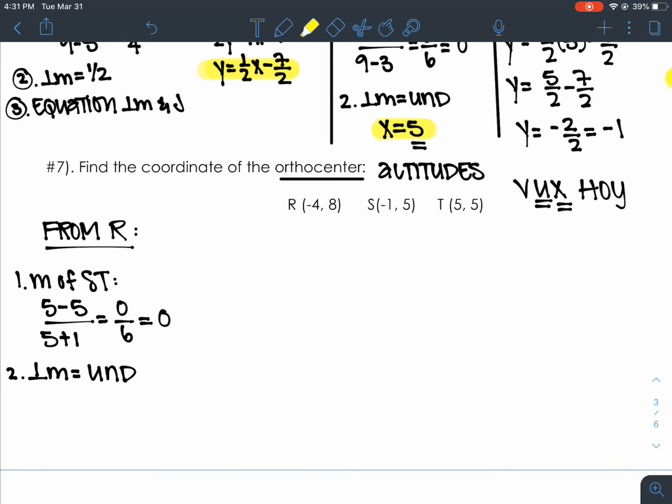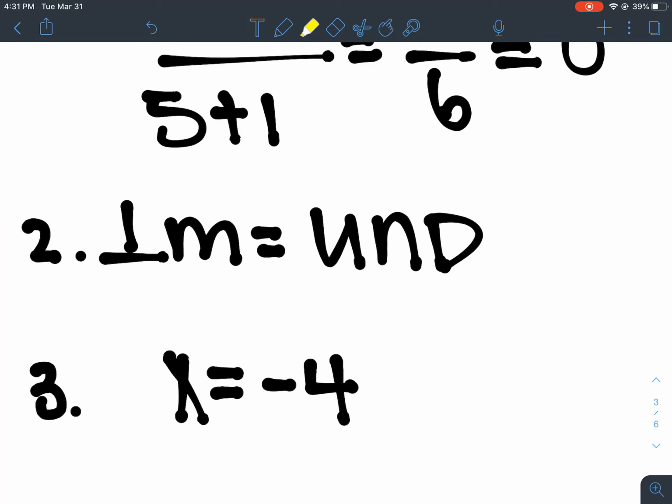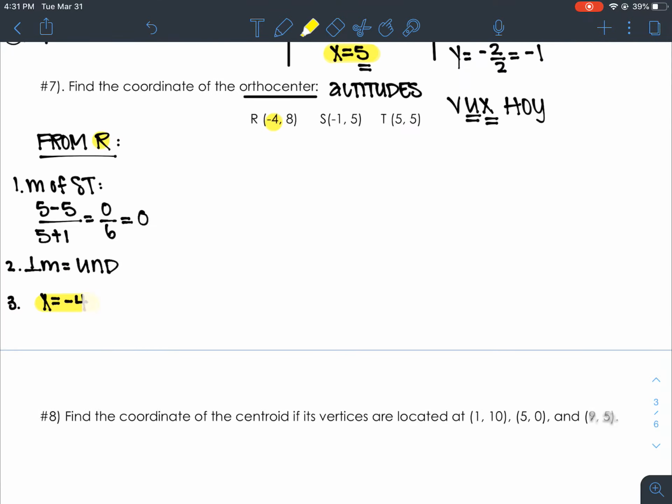We said that it's coming from R, so it's the x value of R, which is -4. So my equation here is x is equal to -4. And that's exactly what we want. We want to get those special cases because it's going to save us a lot more time.